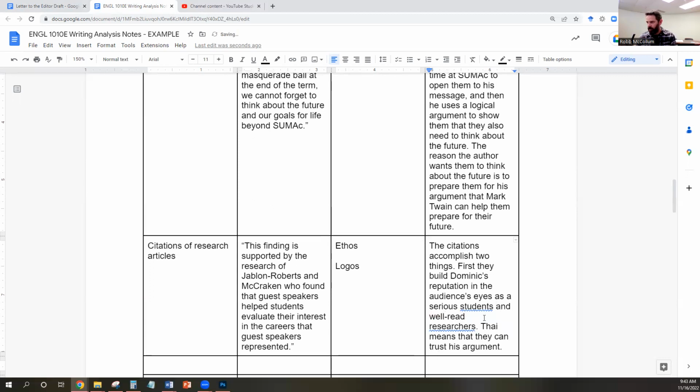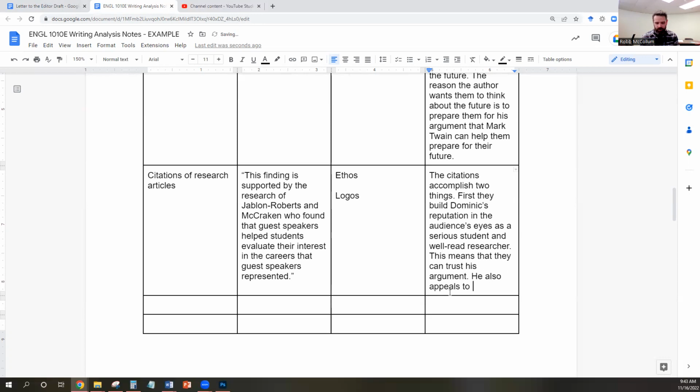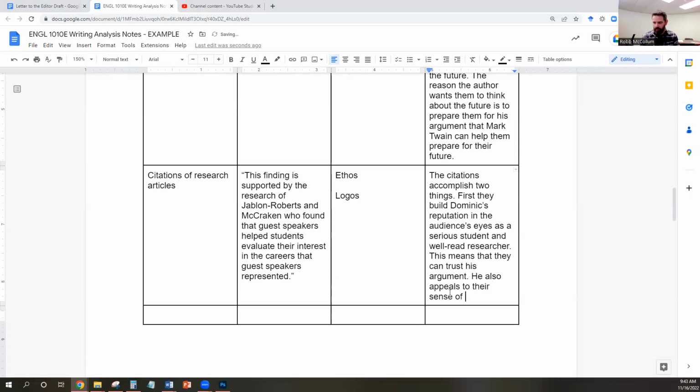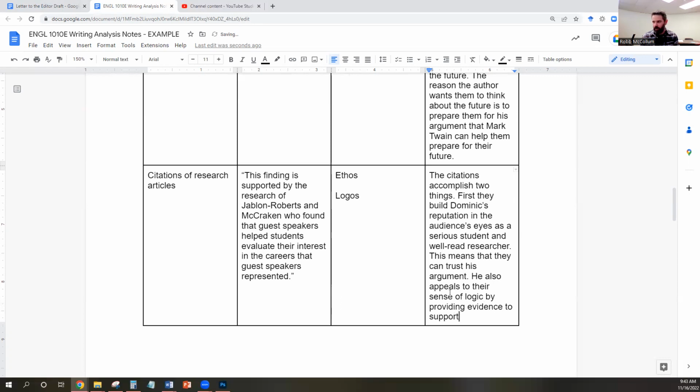Okay, and then the other part here is that he also appeals to their sense of logic by providing evidence to support his claims.